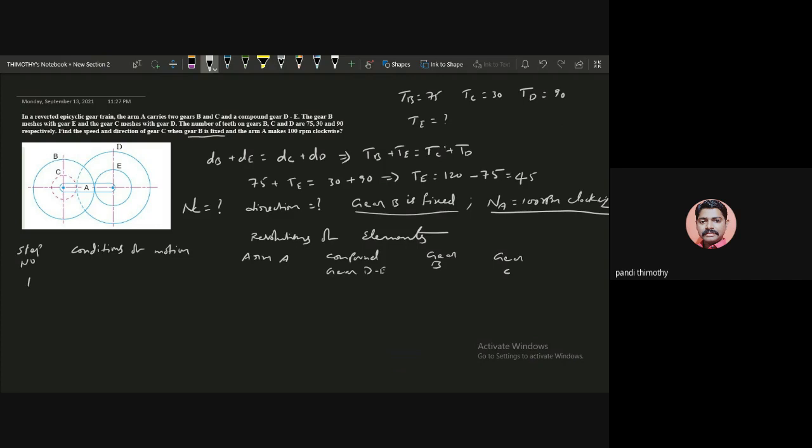Conditions of motion I have to write: arm fixed, and the compound gear DE rotates through +1 revolution. +1 means here I am considering plus, positive sign, for anti-clockwise direction, and negative sign for clockwise direction.